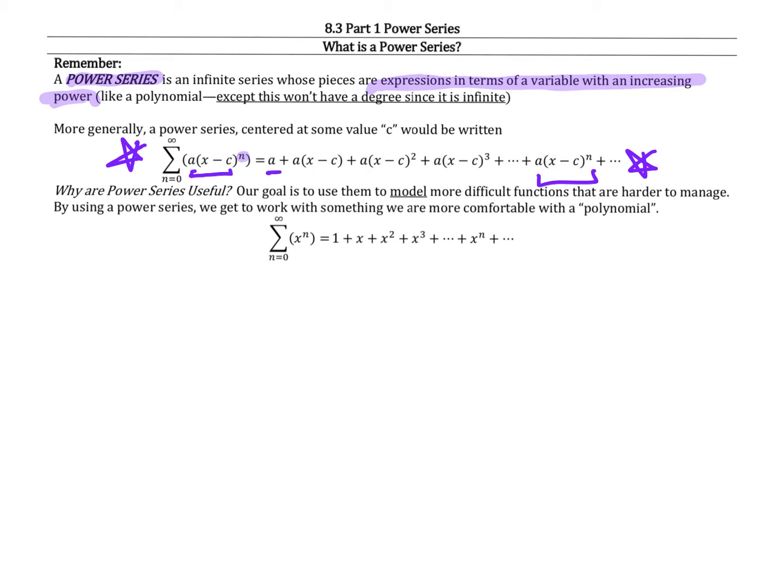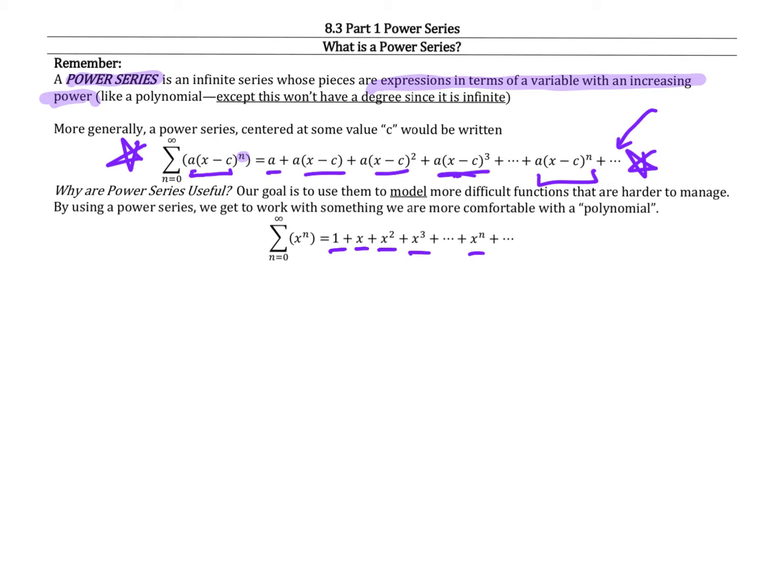Here we have the first term, the second term, the third term, the fourth term, and so on. And we can see that this is infinite because we have this ellipsis going on to infinity. If it happened to be that the polynomial was centered at 0, then each of these terms would just become x instead of x minus some other value.